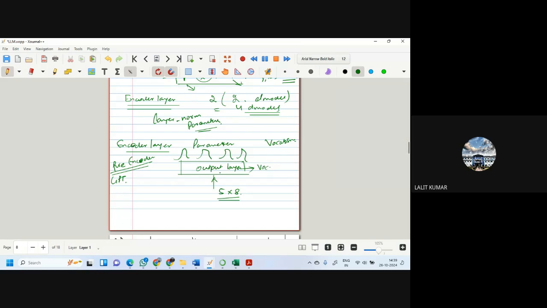Again, vocab size into D model. Then we get 5 into 8 into, for example, D model is 8 into 20. Then we'll get an output of 5 into 20, and then we'll be able to do the probability distribution over that.